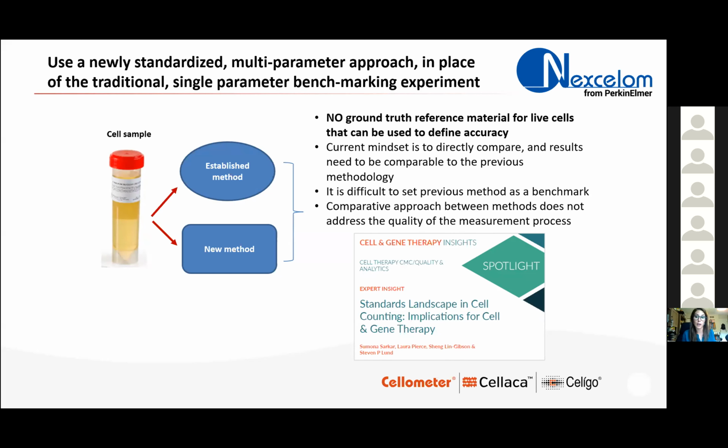And that's not appropriate, because if method A is precise but inaccurate, then methods B and C ideally should not correlate to that. They should be accurate. Because there's no ground truth reference for live cells, it's very difficult to use a previous established methodology as this benchmark. And so ultimately, that's really where the ISO cell counting standards have come into play, and including an orthogonal, unbiased methodology as, I want to say, a tiebreaker can help determine what a benchmark may be.